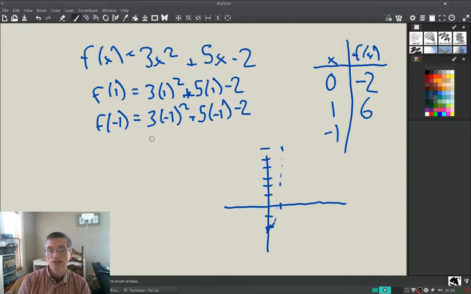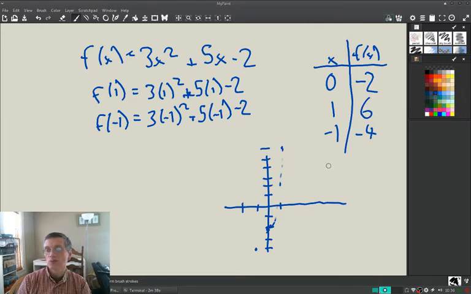So this is 3 minus 5. 3 minus 5 is minus 2. Minus 2 again is minus 4. So f of minus 1 is minus 4. We're actually going down even farther. So that wasn't the vertex here. We know it goes down to here.